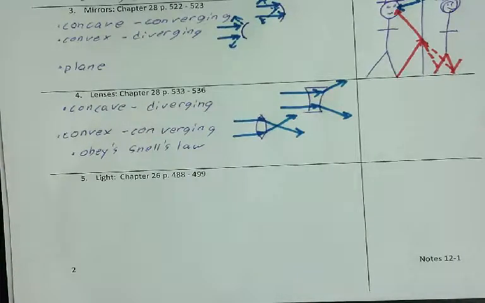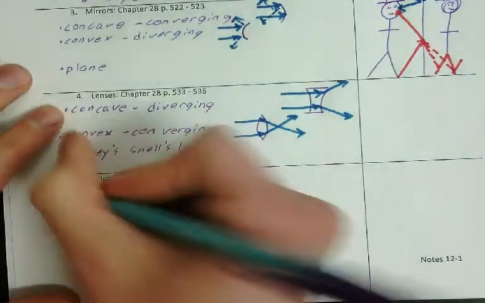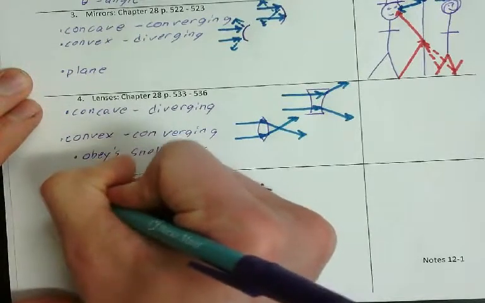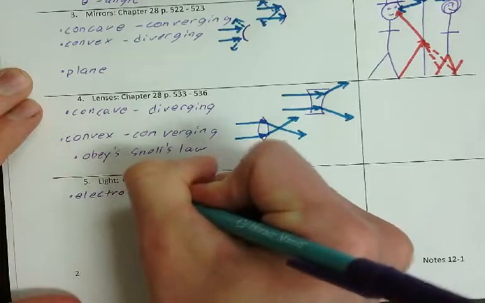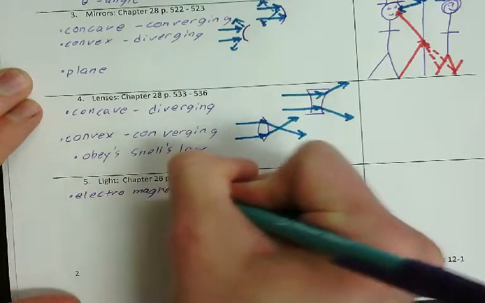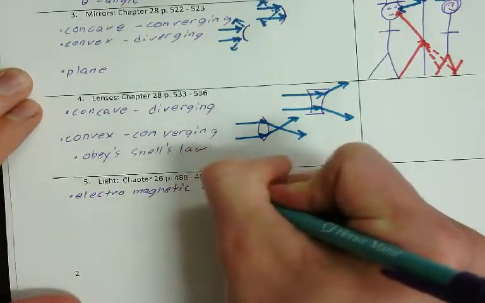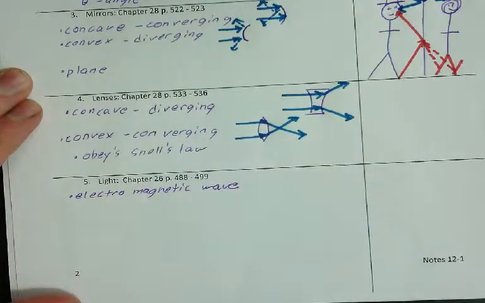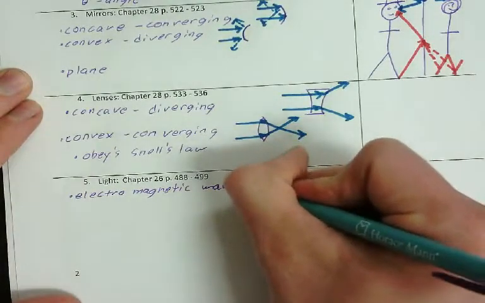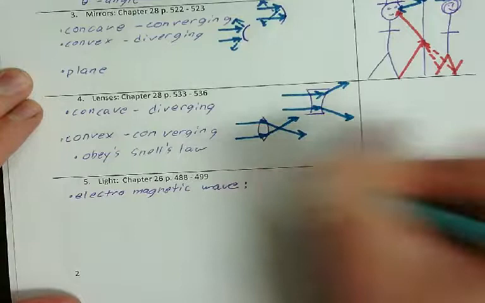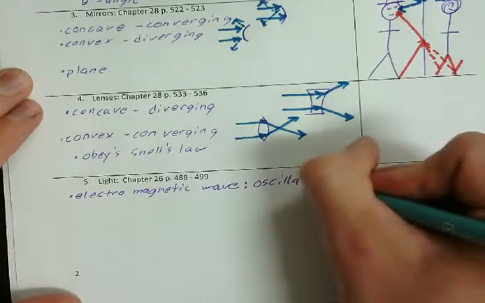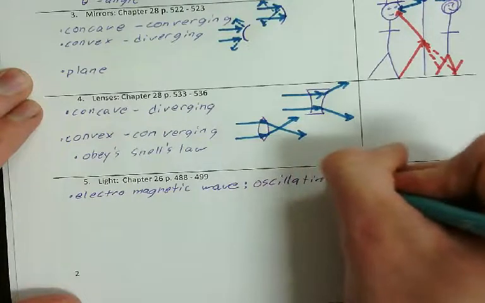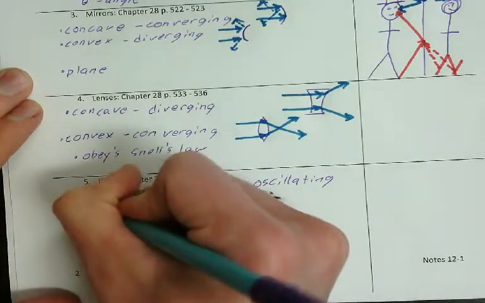Okay. Things to know about light. First of all, light is what's called an electromagnetic wave. An electromagnetic wave just means it's oscillating, which means back and forth, magnetic fields.